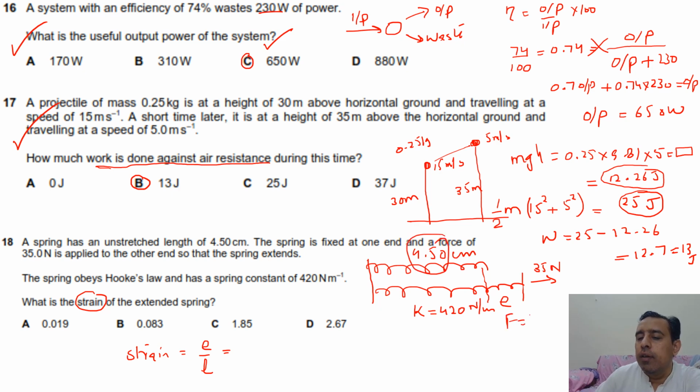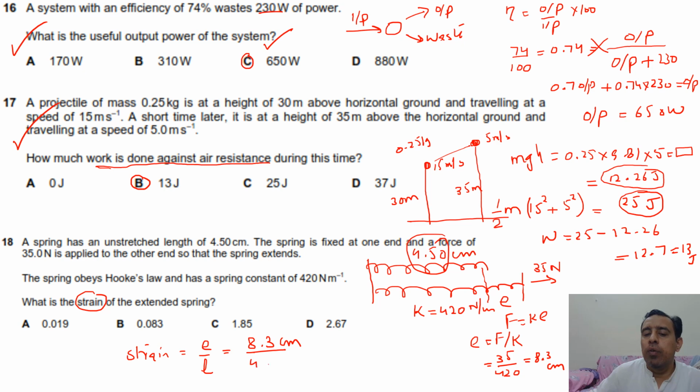So F is equal to KE, then E is equal to F over K, and F is 35 while K is 220. So the answer is 8.3 centimeter. I converted it into centimeter. In fact, it is 0.083. So by substituting value here, it is 8.3 centimeter.